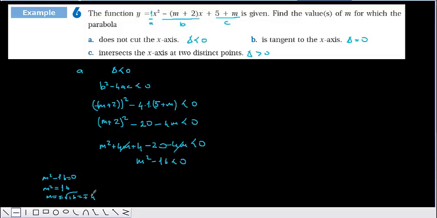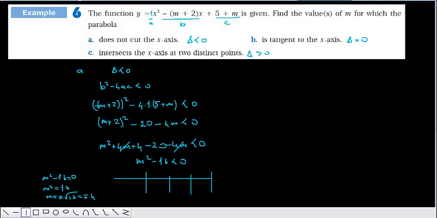Now I found that the m value is plus or minus 4, and I'm going to construct the sign chart which you know from before. For drawing that I need the minus infinity side, the plus infinity side, and the roots between them. Here the roots are minus 4 and 4.